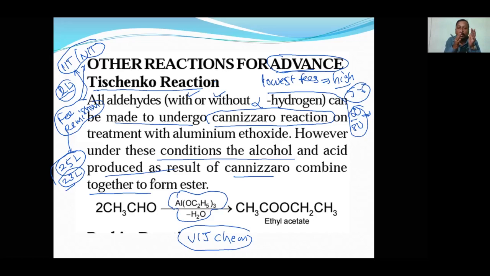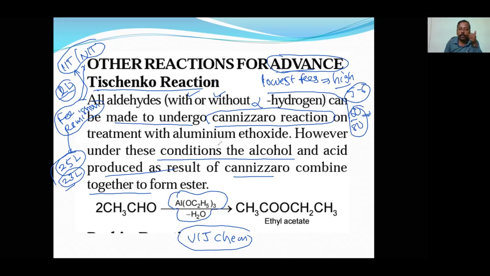Actually, when you combine two molecules, they undergo the Cannizzaro reaction, which produces alcohol and carboxylic acid. But alcohol plus carboxylic acid, what will they give?